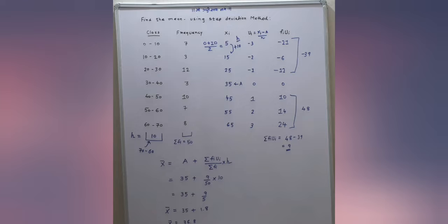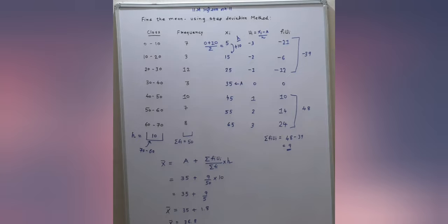In the previous sum we calculated the mean using the assuming method. Now we will find the mean using the step deviation method. We have three equations to find the mean: one is the direct method, second is the assuming method, and the third is the step deviation method.